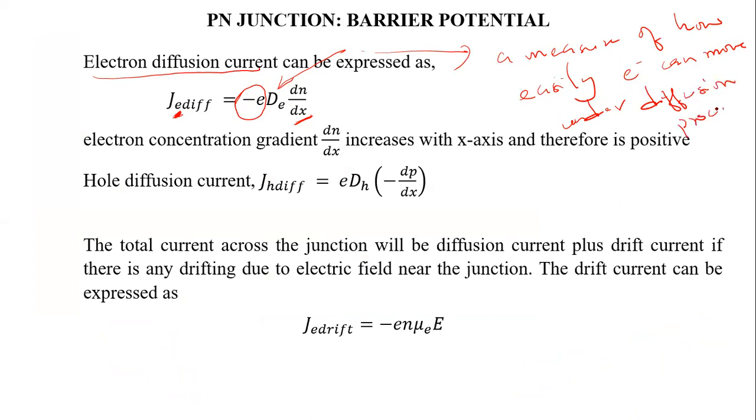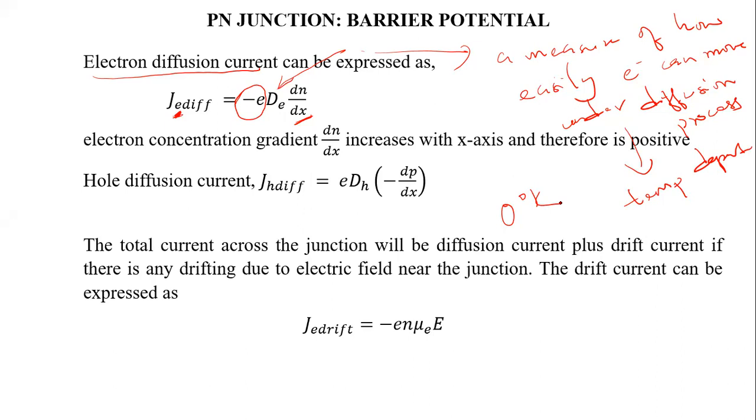This is actually a temperature dependent quantity. You know that at absolute zero, at 0 Kelvin, everything freezes, so the electrons cannot move at all, so the diffusion coefficient is also 0 at 0 Kelvin.